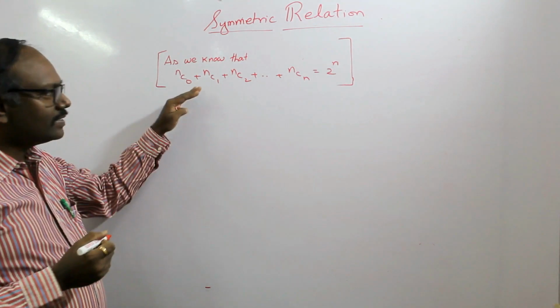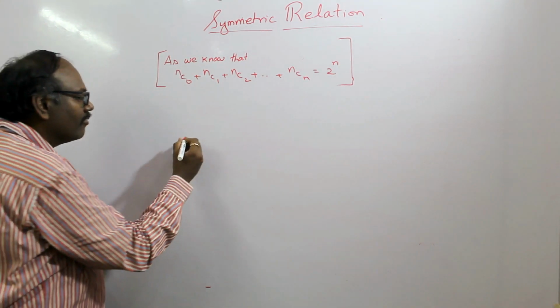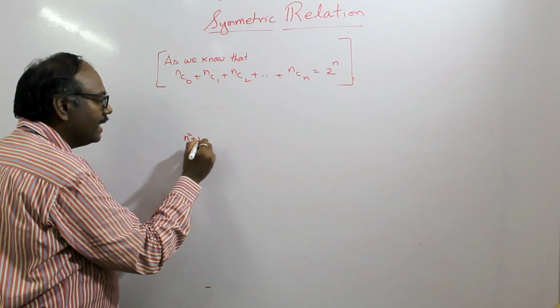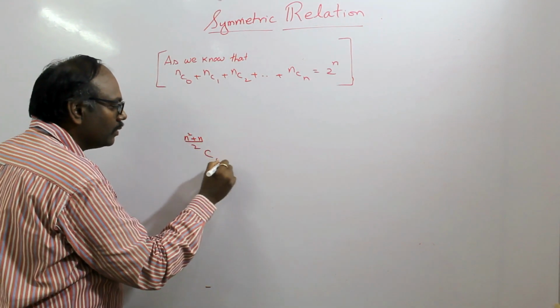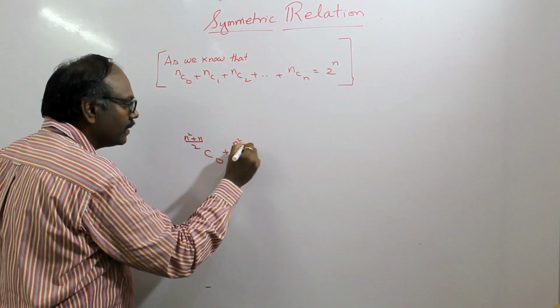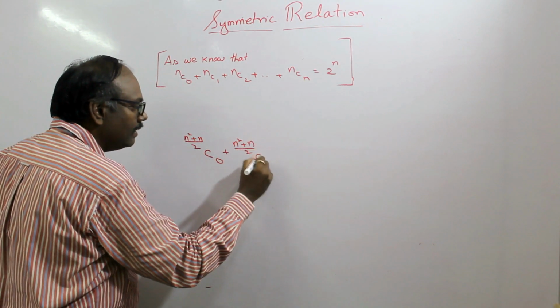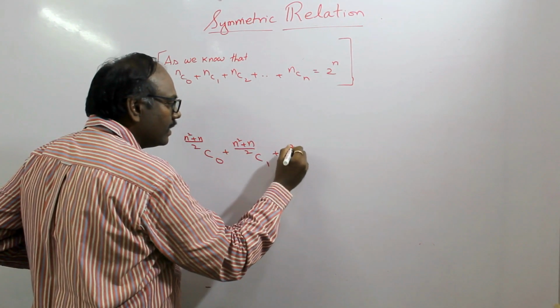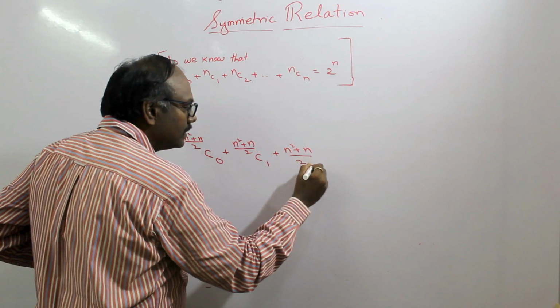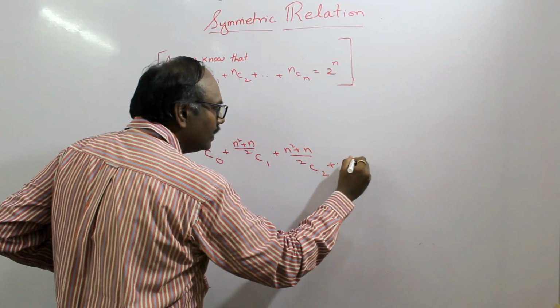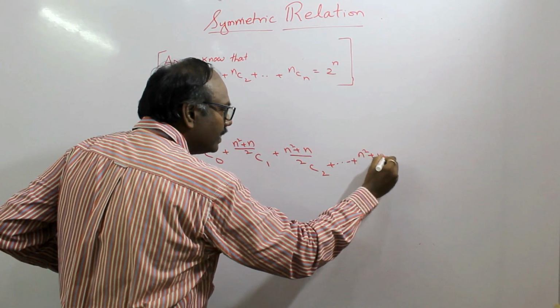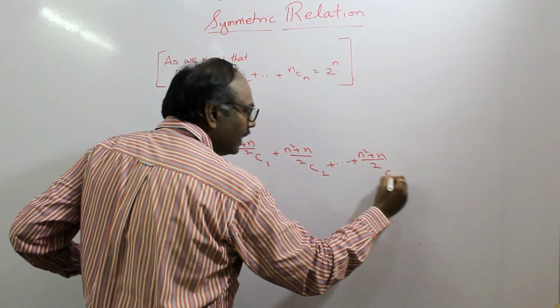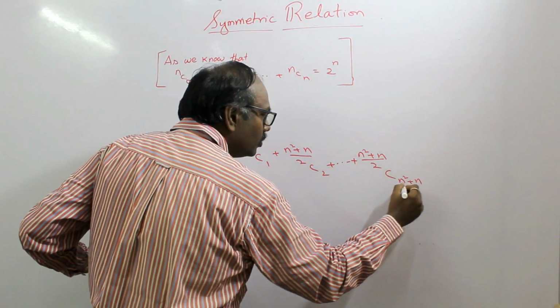So making use of this identity, now let us see what will be C(n²+n)/2, 0 plus C(n²+n)/2, 1 plus C(n²+n)/2, 2 plus so on till C(n²+n)/2, (n²+n)/2.